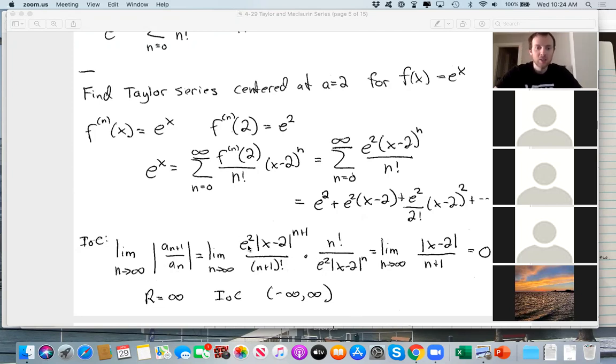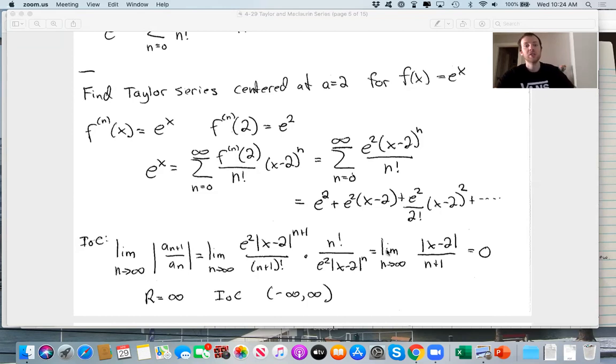E squareds cancel, factorials cancel to leave you just the extra n plus 1 on the bottom. And x minus 2's cancel, giving you just one factor x minus 2 on the top. And the limit of this as n goes to infinity is always 0, no matter which x you pick. So this series also has an infinite radius of convergence.